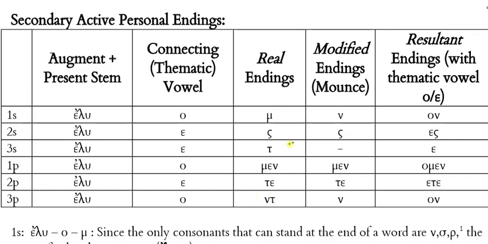Over here, the real endings and the secondary actives are very similar to those, aren't they? What are they missing? Missing the iota. Isn't that nice? Now, over here we have modified endings. Why are there modifications here? I think we talked about this a little bit the other day, but just as a reminder, why would the mu want to change to a nu?